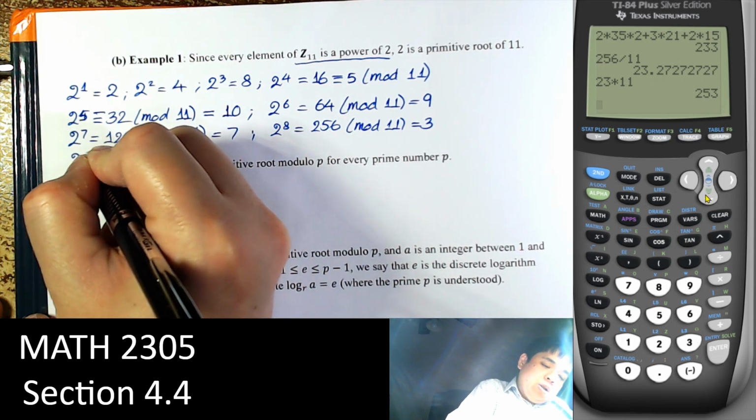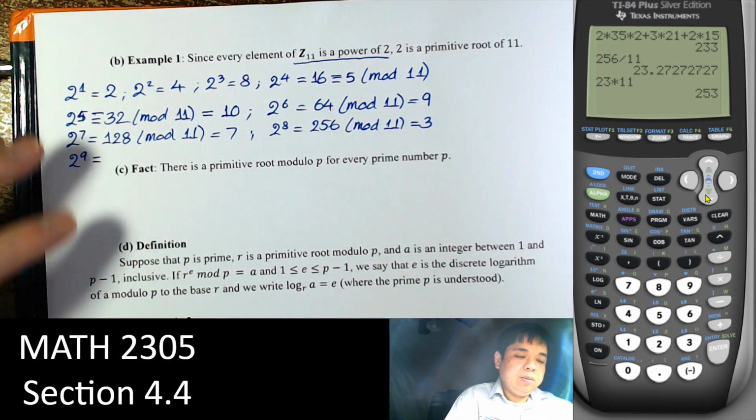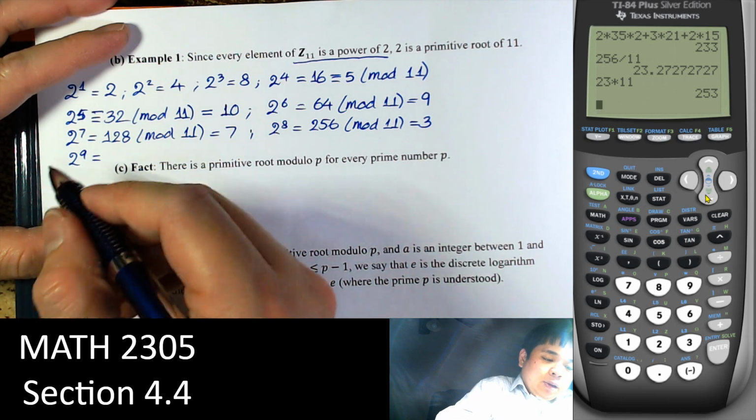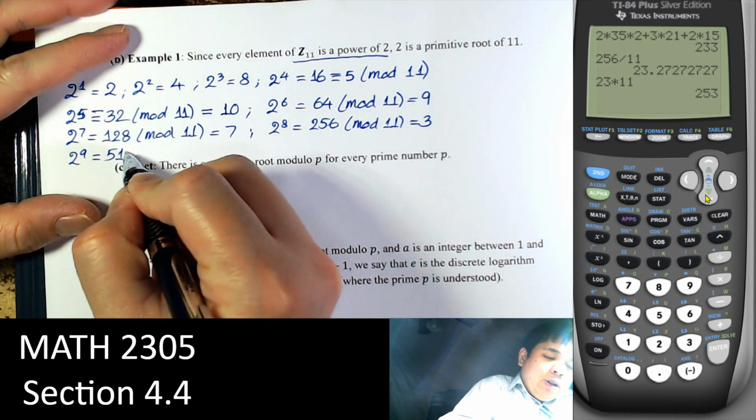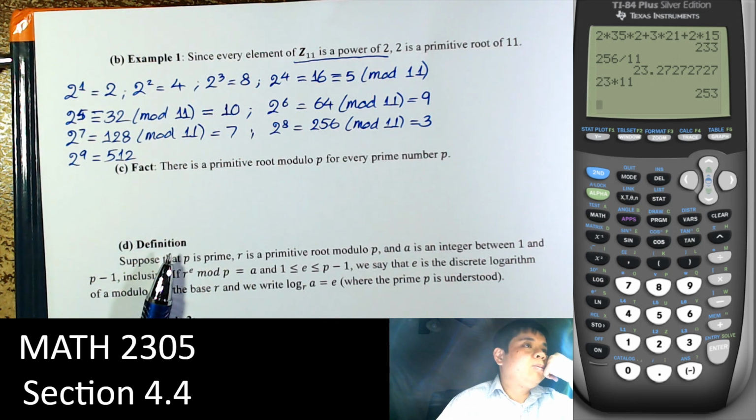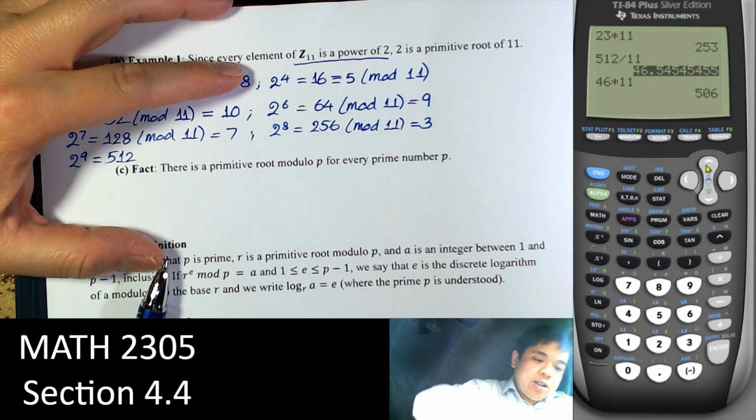Right, 2 to the 9 is 512. First I have to divide by 11, so 46 times 11, and we subtract, so that's 6.